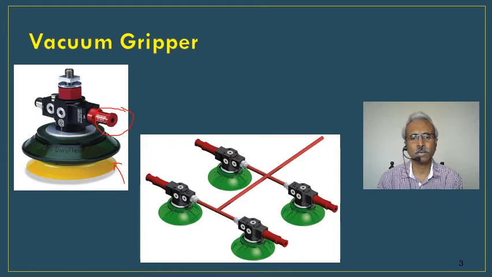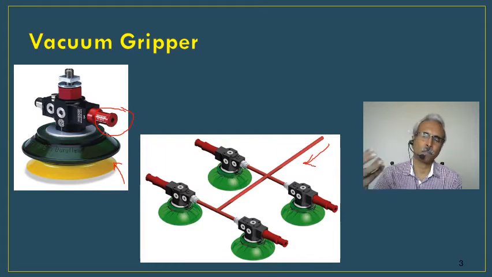Otherwise, when the object is large, one vacuum cup may not be sufficient. On the right hand side you can see there are four cups, and all four are connected to a common suction end which goes to the vacuum pump. Thereby you are able to cover larger areas and lift objects.